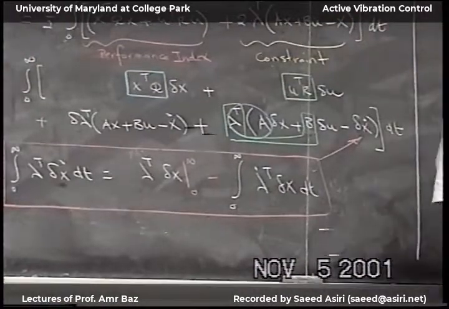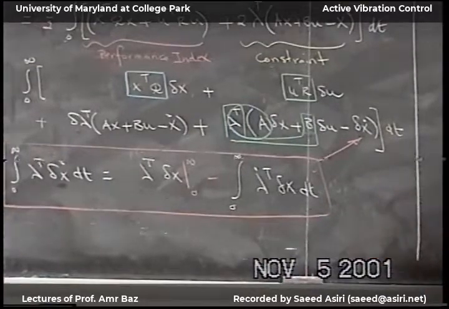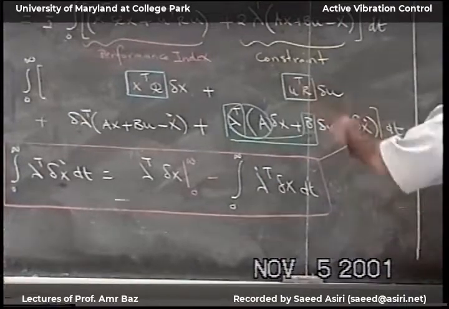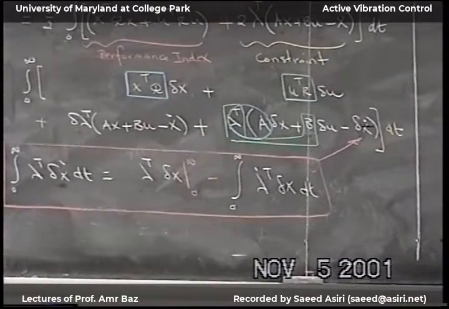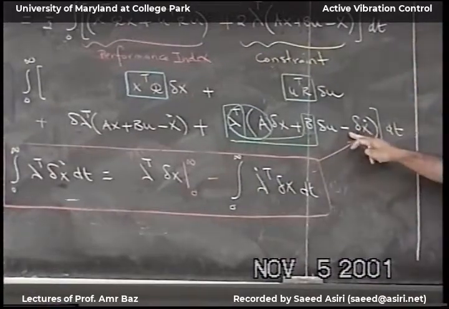So now this del J_A, I'll group the terms now. 0 to infinity, X transpose Q. That's one of them. Lambda transpose A. That's the second. And then I have minus here. And minus here, it becomes a plus.